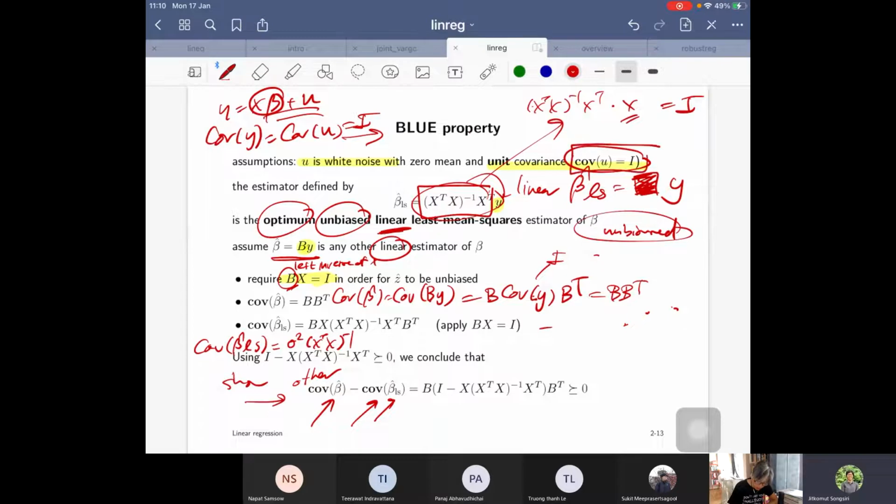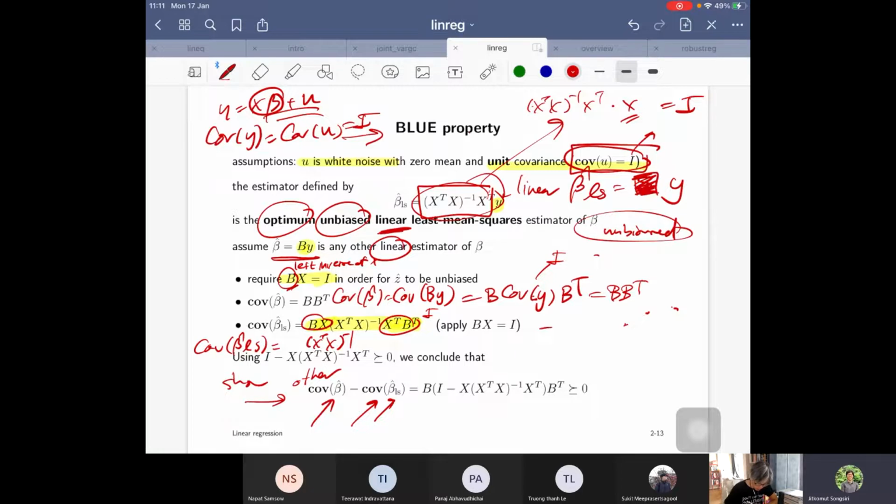But in this example, it doesn't lose any generality to assume that sigma square is 1, just normalize it. So sigma square is 1. Then, of course, this quantity is also equal to the above expression, because the factors on the left and on the right-hand side are also identity matrices.